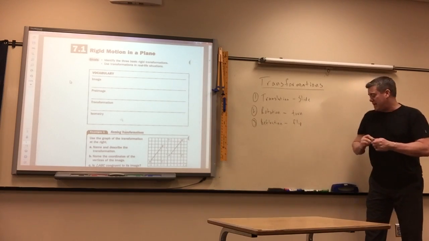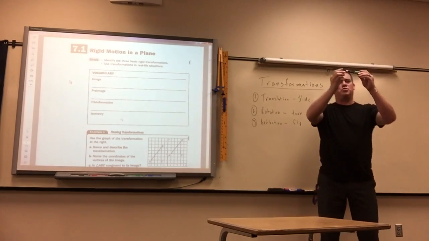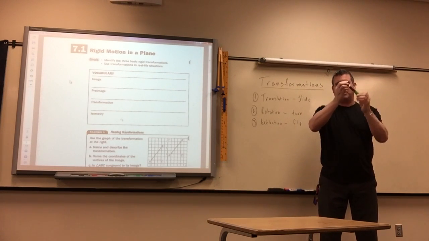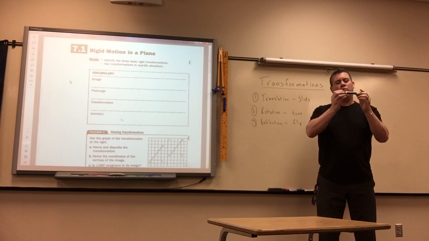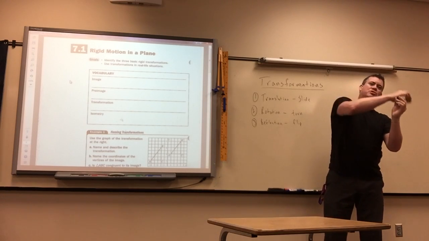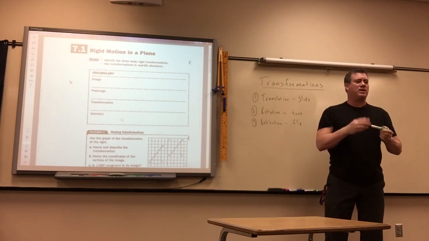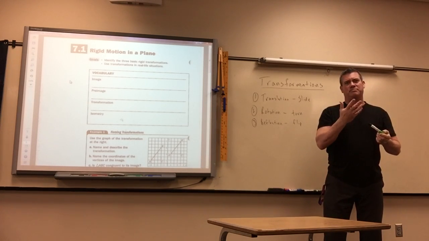So, a translation is just when you take something and slide it. It doesn't change like this at all. Rotation is if you take something and turn it. A reflection is going to be backwards. It's like when you look in a mirror, you see your reflection.